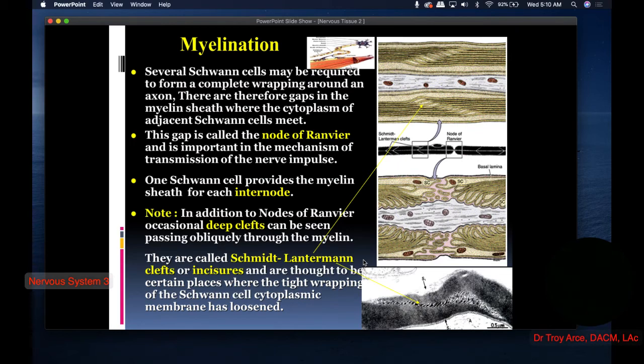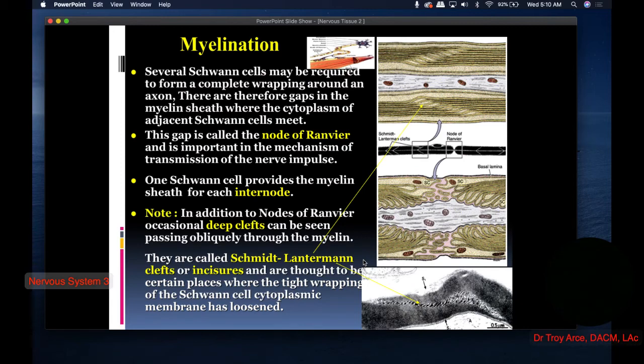This gap is called the node of Ranvier, and it is important in the mechanism of transmission of the nerve impulses. And just know that the node of Ranvier is important to the transmission of nerve impulses, but you're not required to identify them under a microscope.